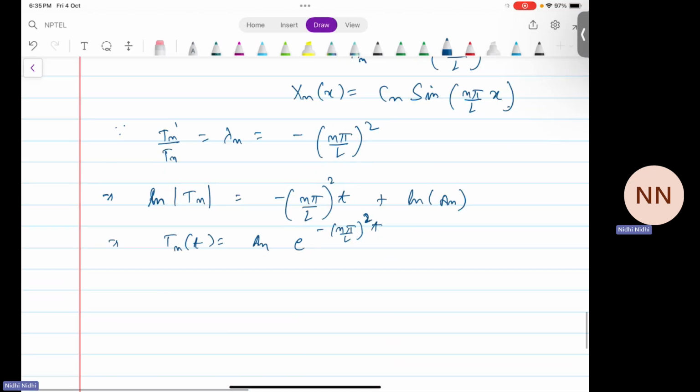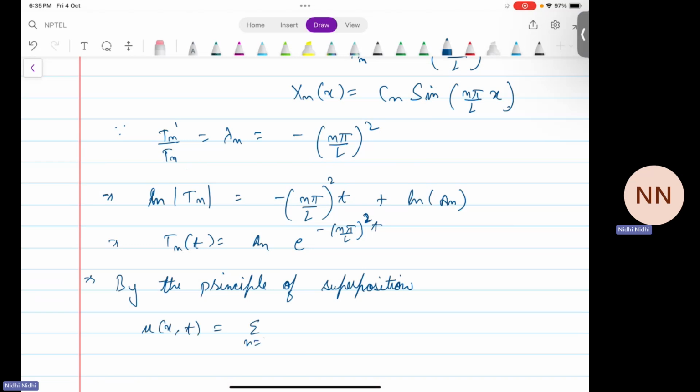This implies, by the principle of superposition, we will get u(x,t) is equal to summation n from 1 to infinity bn, which is just an times cn, bn e to the power minus (n pi by L) square t times sin (n pi by L) x.